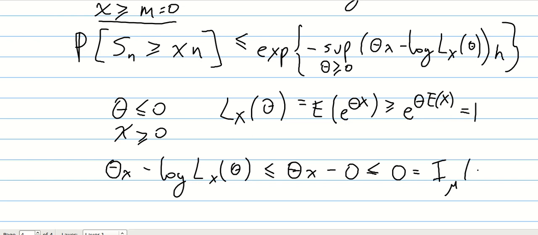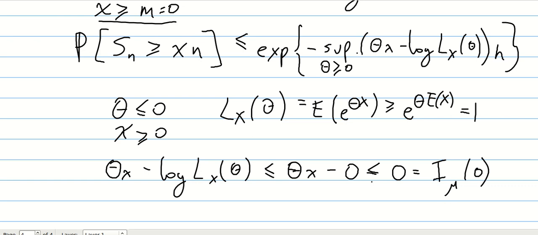Which is, by the way, the value at 0. So in the end, we are showing that the supremum over theta larger or equal to 0 is the supremum over all theta, because the negative thetas give some value for the argument of the supremum, which is smaller than the value at 0.